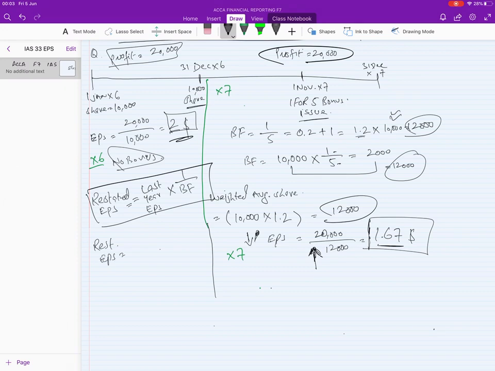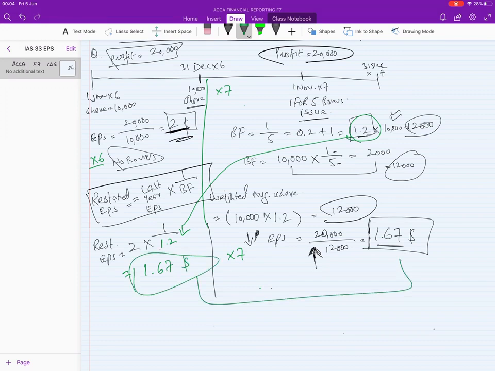Last year EPS was $2. So 1 divided by bonus fraction. This was the bonus fraction, 1.2, so it will give you the same. Now you will see this matches.